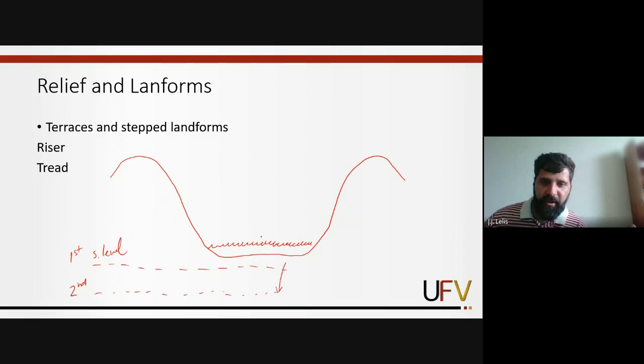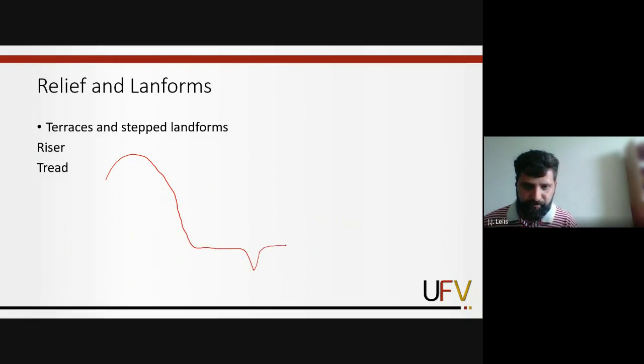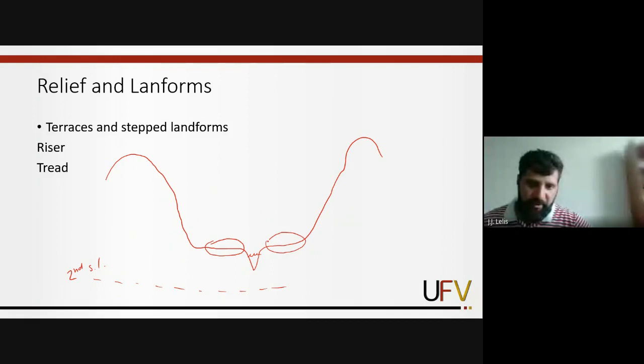The river will start to dig, to erode this valley again. So it starts to do this, and now the second level. And now we have the exposure of a material which was deposited by the rivers during their flow here.